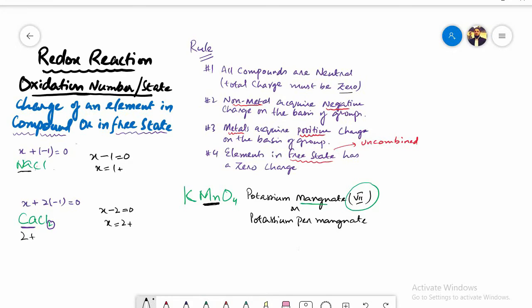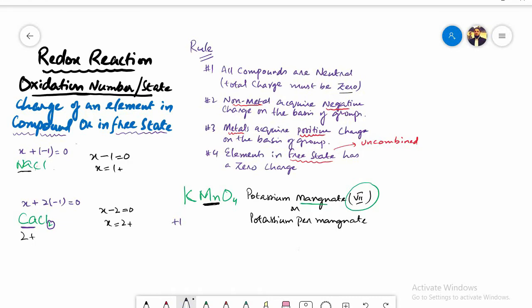So apart from this manganese, the other elements' oxidation states or their charges should be known. So far what we know about potassium, its value is taken as plus 1. Whether it's plus 1 or minus 1 or whatever the value, it depends upon the position in the periodic table. So potassium appears in periodic table group number 1, so it loses one electron, making it plus 1.